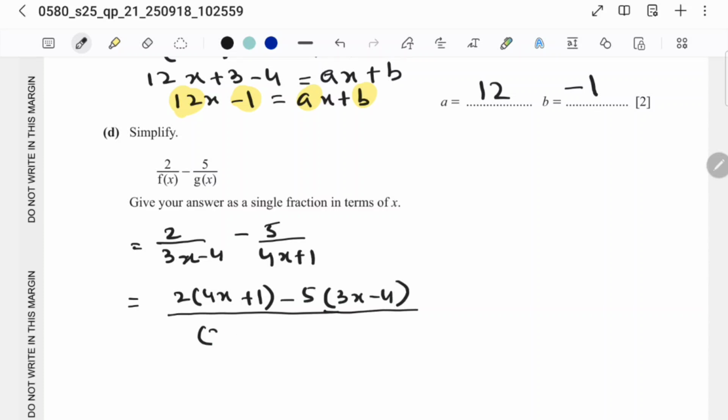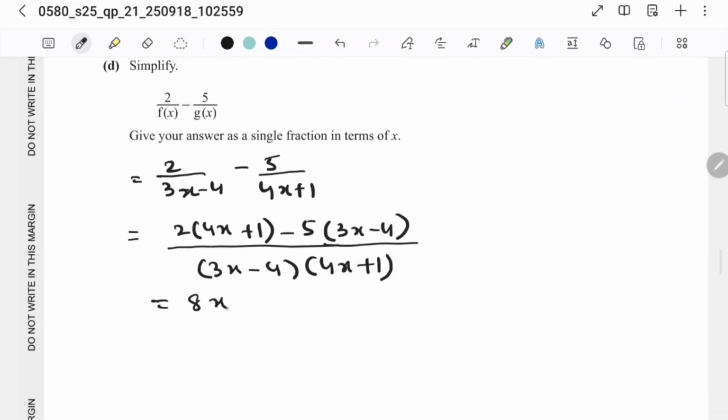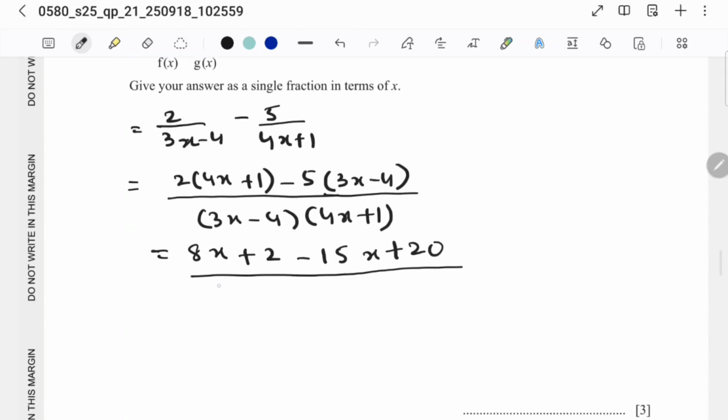And now 3x minus 4 and 4x plus 1, don't multiply. This is 8x plus 2 minus 15x plus 5 4s are 20. Now write down as it is 3x minus 4 and 4x plus 1.